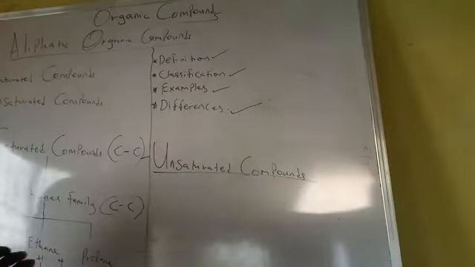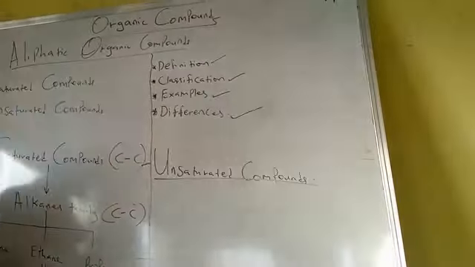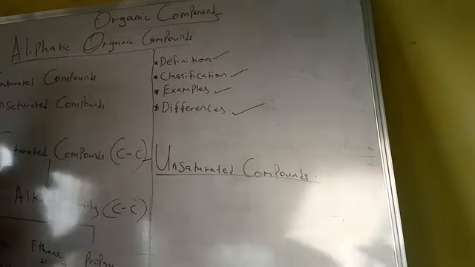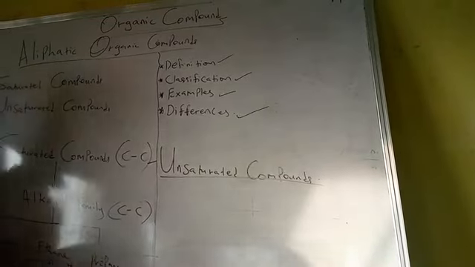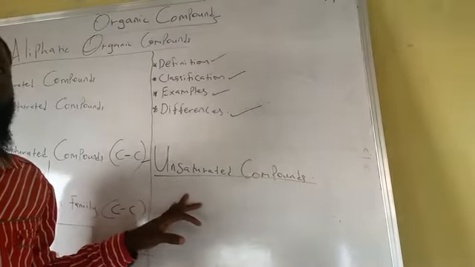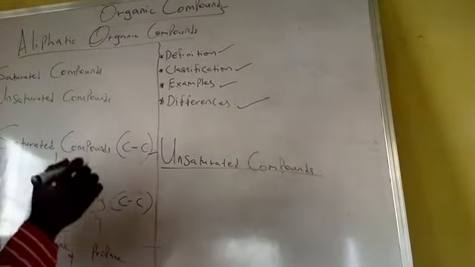I'll come again. Unsaturated compounds are compounds that contain at least 2 bonds in their structure, meaning they can have from 2, 3 upward. So they don't contain only single bonds, they contain double or triple bonds in their structure.